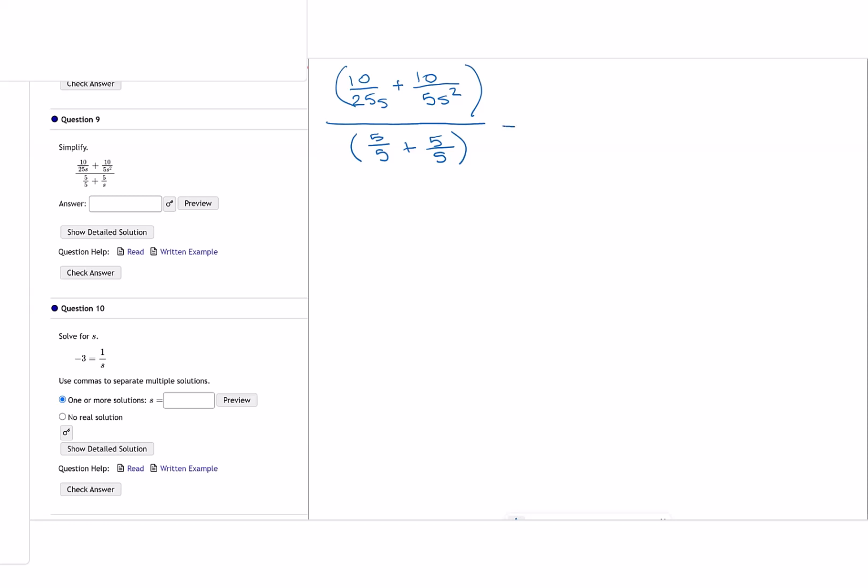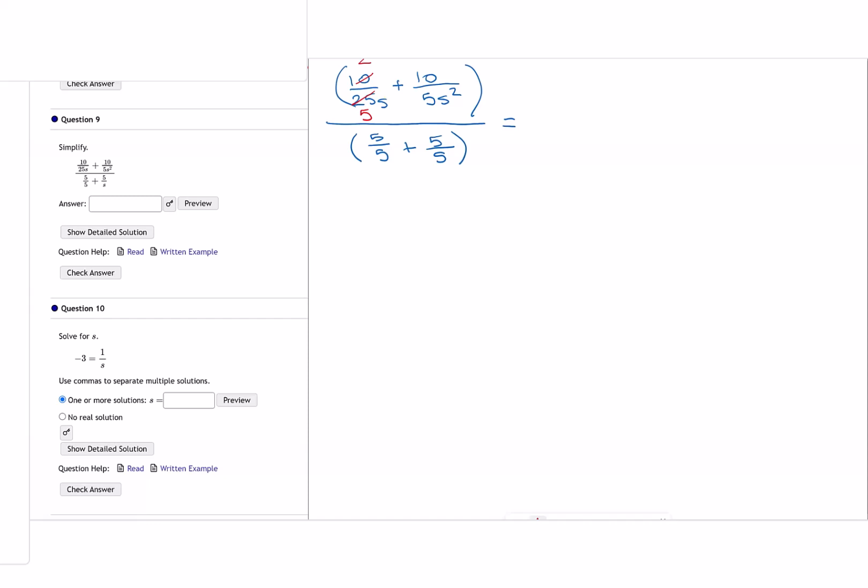For example, if I want a least common denominator, then it would not hurt me to divide 10 by 25 and get 2 divided by 5. Now I could do the same thing to the 10 over 5 right here, but I'm not going to because I want that 5 in the denominator.